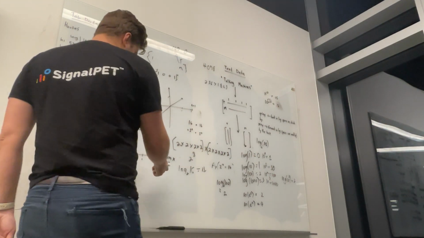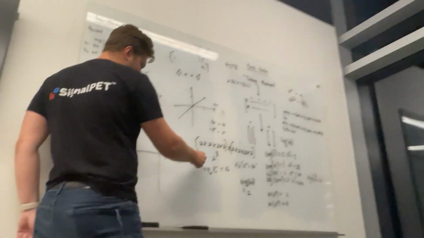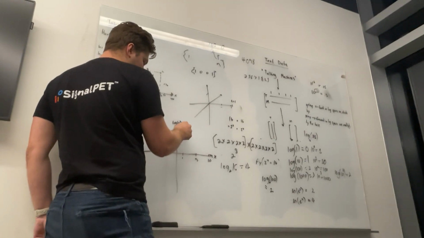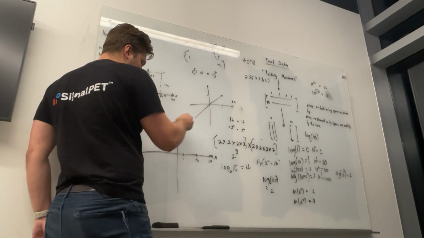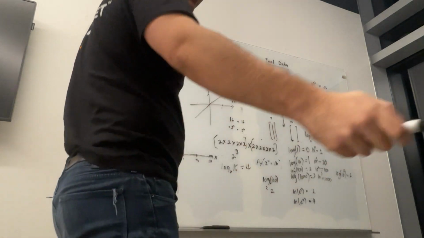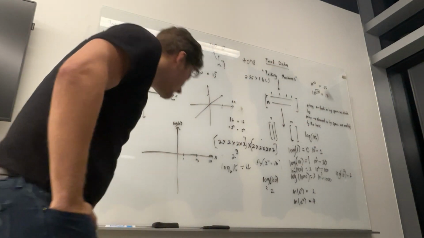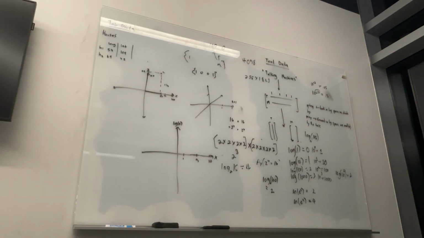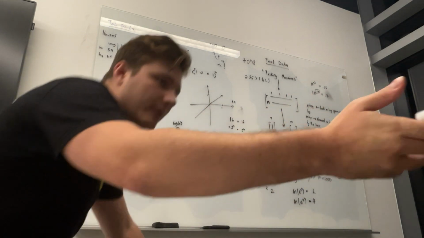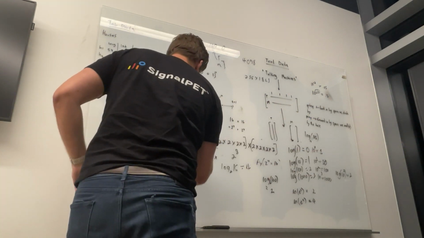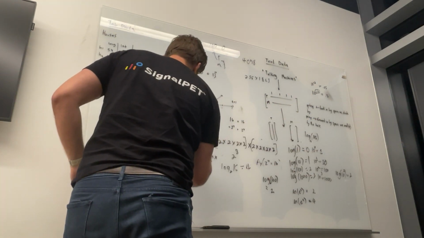So on the x-axis is the number, and on the y-axis is the number passed through the log function. I see. Yes. Then I'm going to add that too.